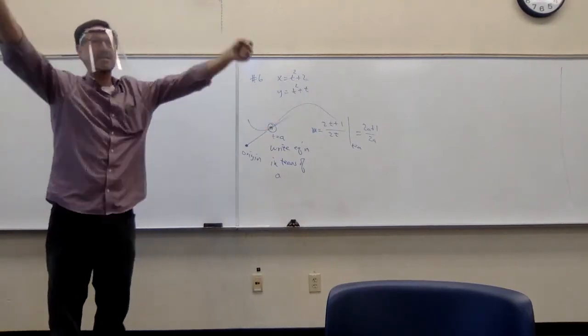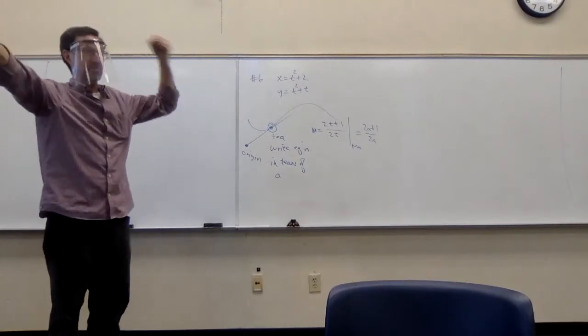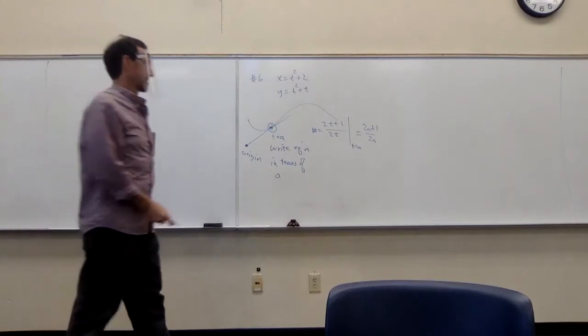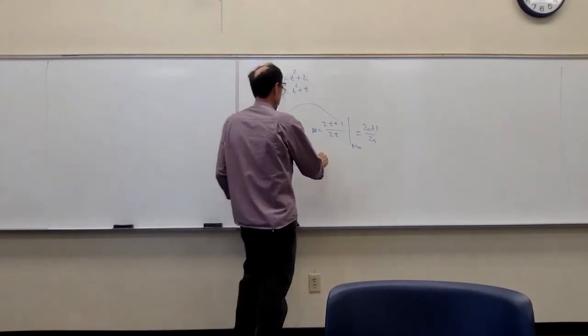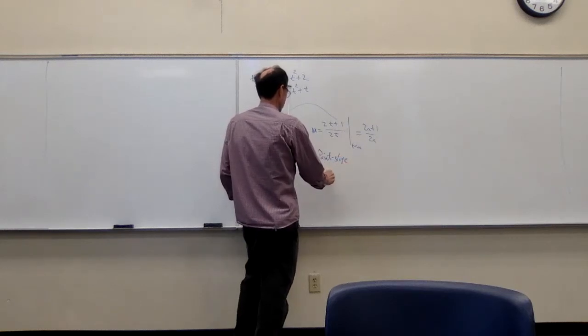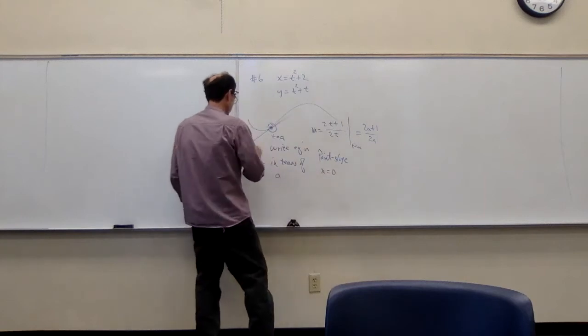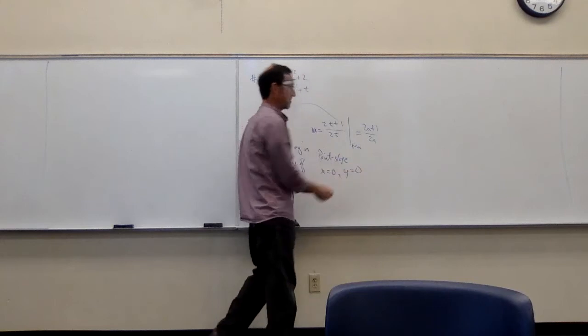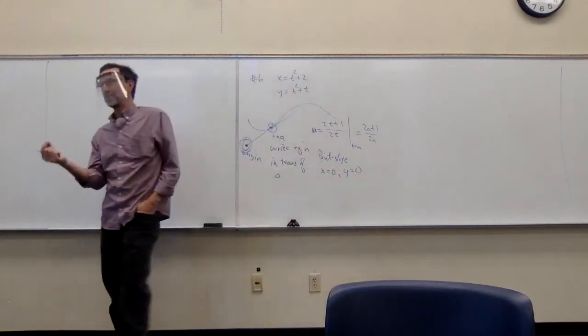I know that line has to pass through the origin, so I know when x equals 0, y is 0, and now I can solve for A. So write the point slope form. Because we know it passes through the origin, that's what makes this line special. I can plug in the coordinates, and it makes the equation true.